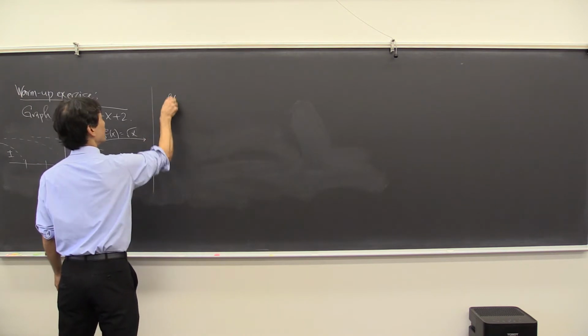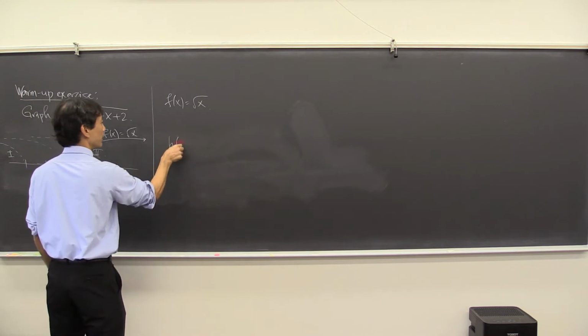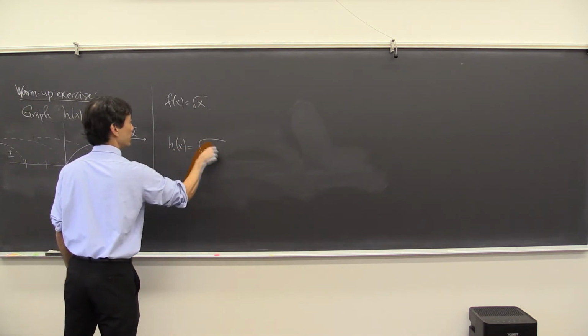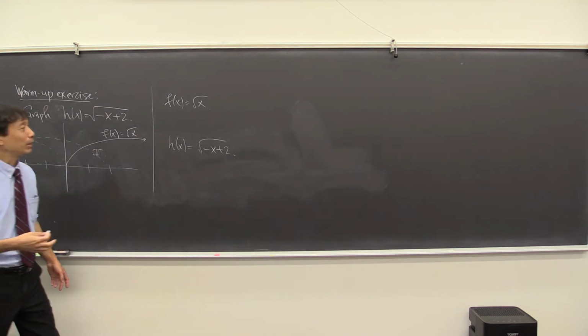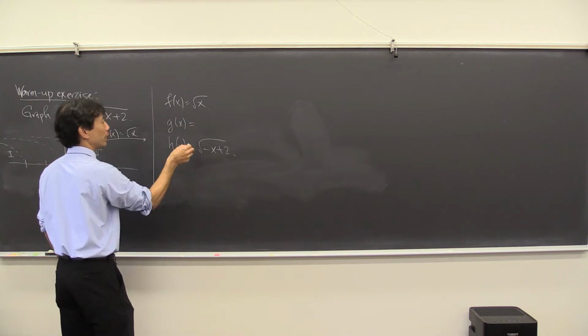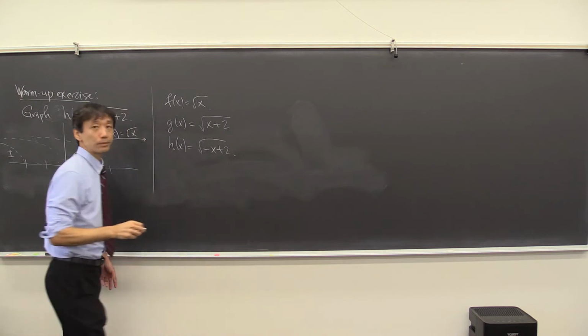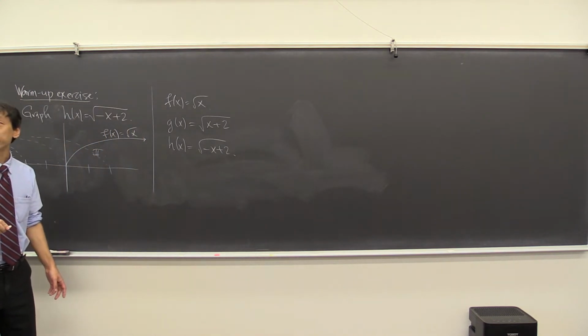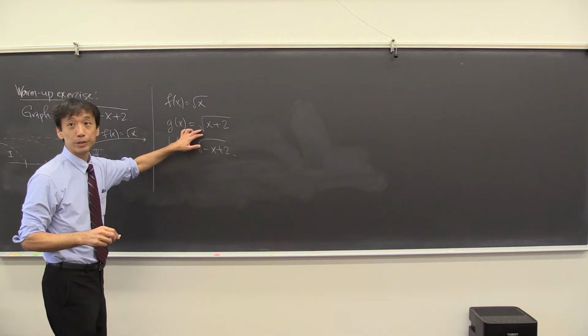So we've got this function f of x equals square root of x, and we want to get this function square root of negative x plus 2. Maybe the way to think about it is to introduce an intermediate function, g of x being, say, square root of x plus 2. Okay. So why do we introduce that guy?